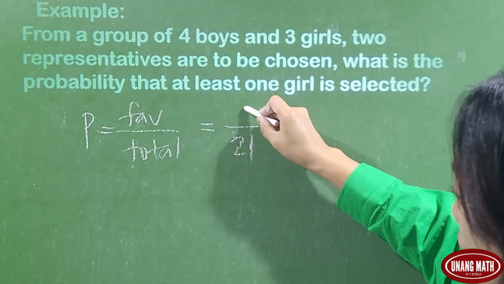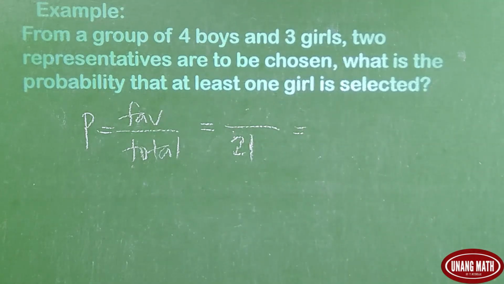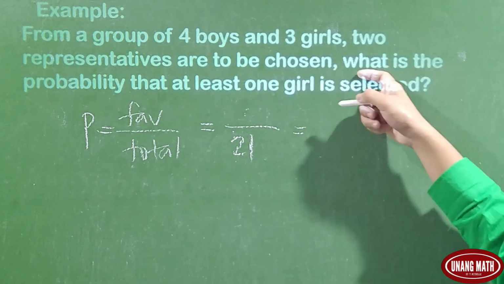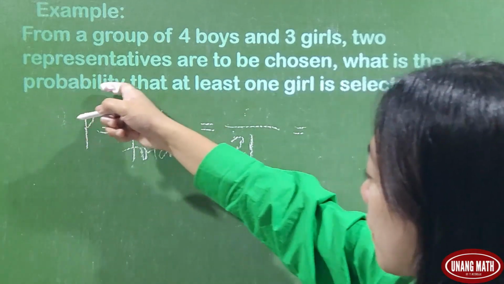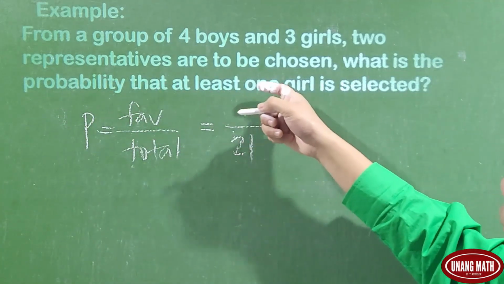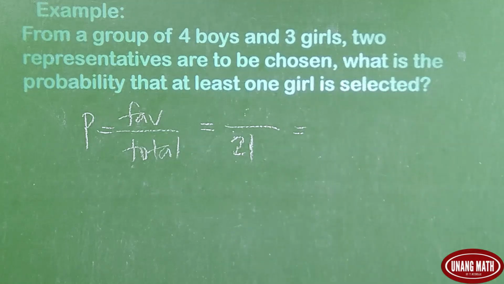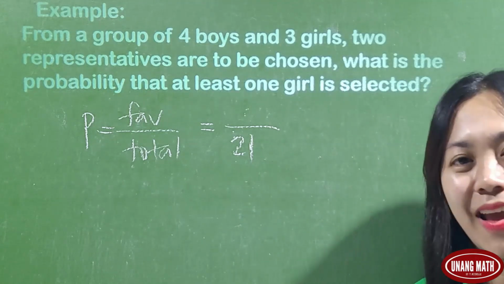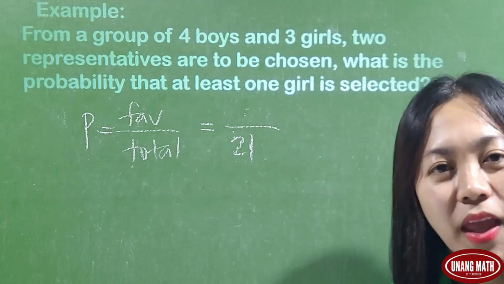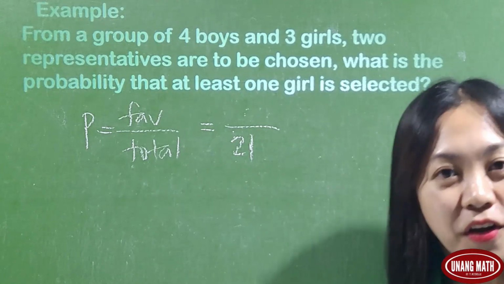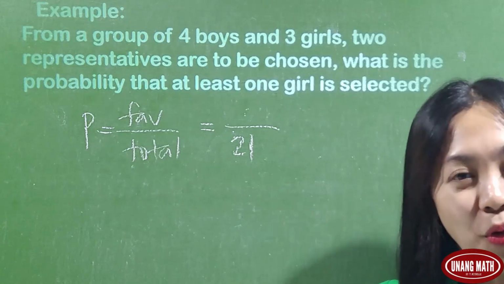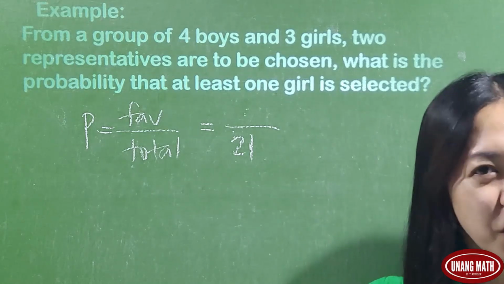What about our favorable outcomes? How are we going to find them? It's asking for the probability that at least one girl is selected. If at least one girl is selected, it can be boy, girl, girl, boy, or girl, girl.